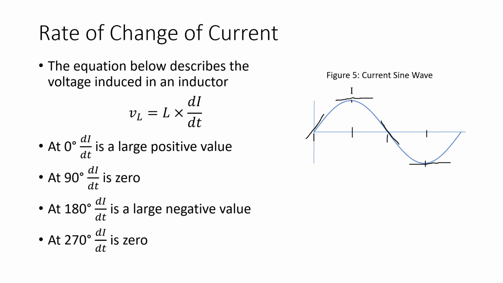And of course, at 360 degrees, we're back at our starting point of 0. So at 0 degrees, di/dt has a large positive value. At 90 degrees, di/dt is 0. At 180 degrees, di/dt is a large negative value. And at 270 degrees, di/dt is 0.